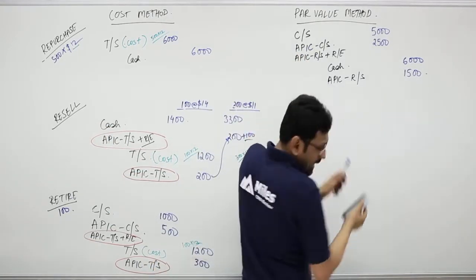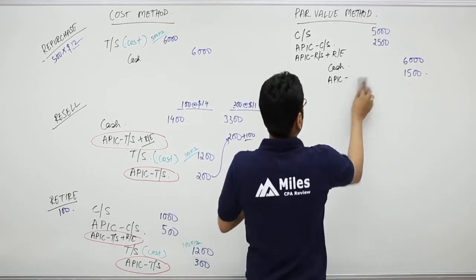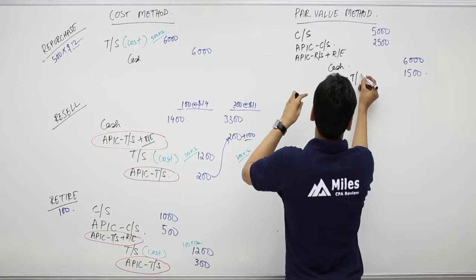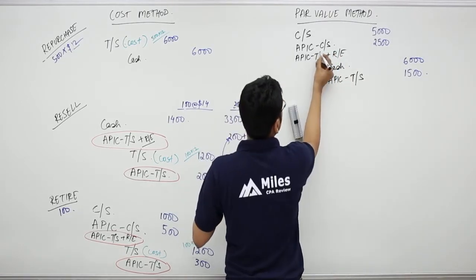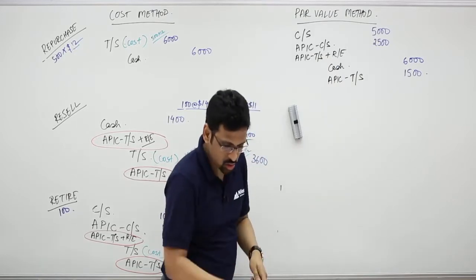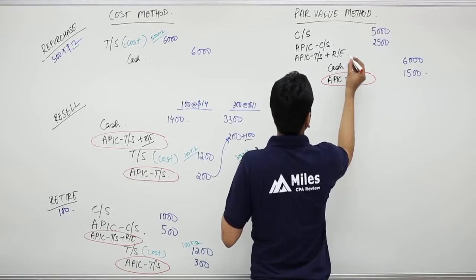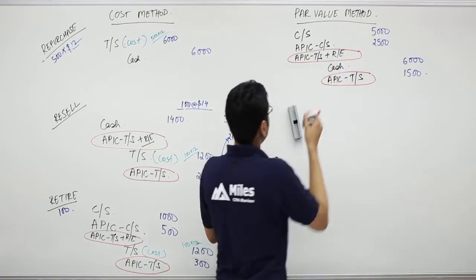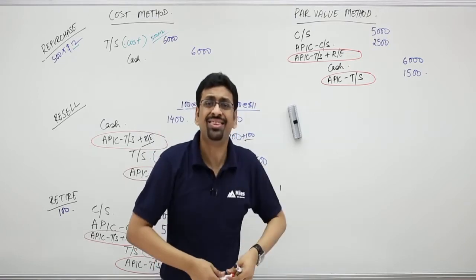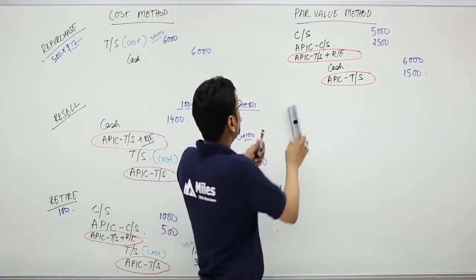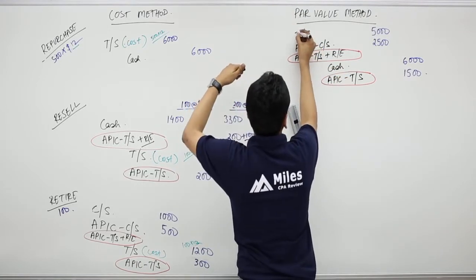Instead of calling it APIC retired stock, I'll call it APIC treasury stock. So that's my plug here. Now, I don't want to hit common stock because the common stock is still issued. It's not yet retired. So I would call it treasury stock, not common stock.